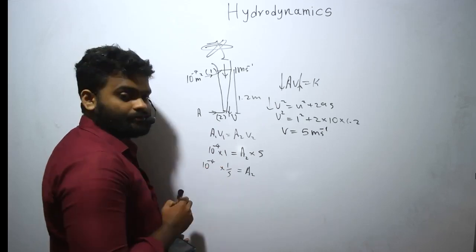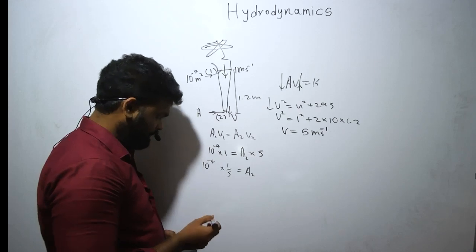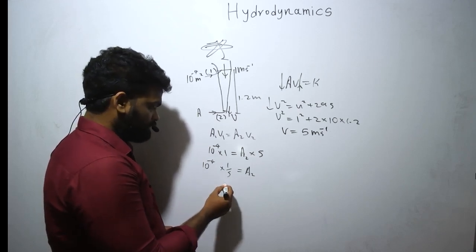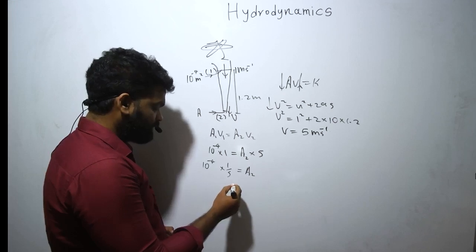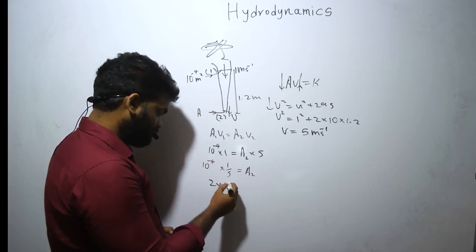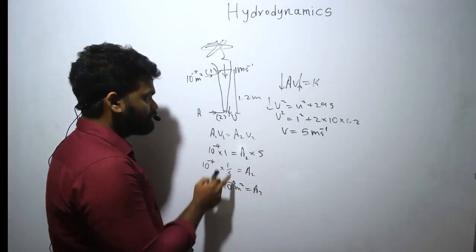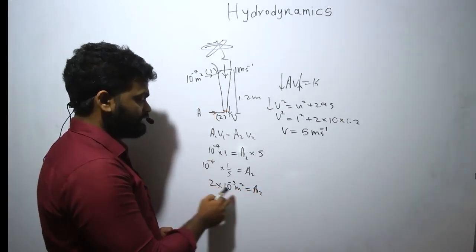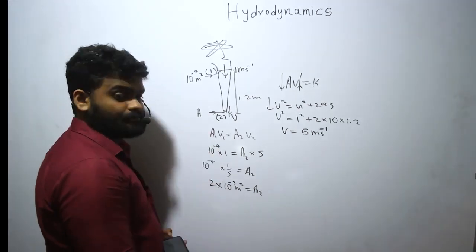What is 1 over 5? It is 0.2, right? So you can write it as 2 times 10 to the power minus 1. Then it becomes 2 times 10 to the power minus 5 square meters. So this is the cross section here. So you can see it has narrowed, right? From minus 4 to minus 5 times 2.